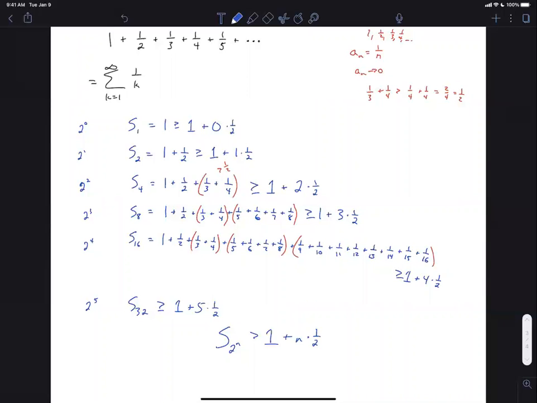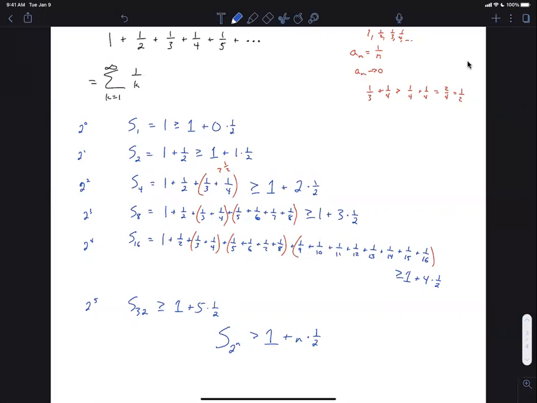Okay, Colin, so can we explain it again? Yes. Let's look at what's going on here. Everybody look at it for a minute. Do we see why each set of red parentheses, those are bigger than 1/2? Does that make sense? Because this is bigger than like 1/4 plus 1/4. This is bigger than 4/8. This is bigger than 8/16.